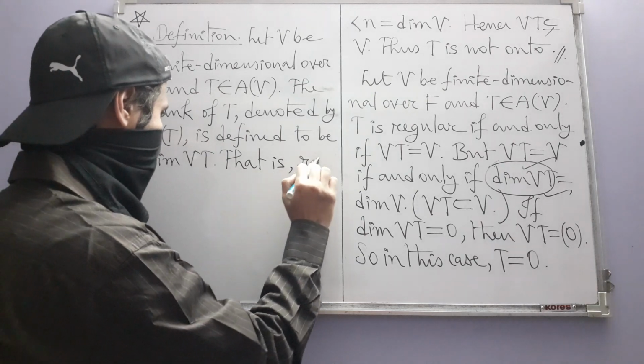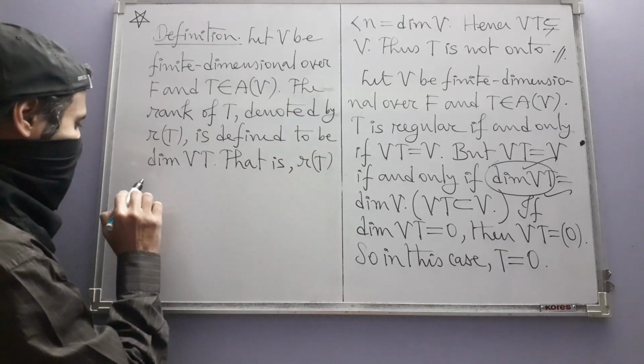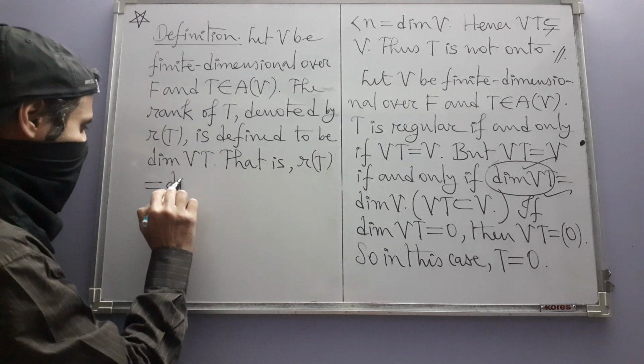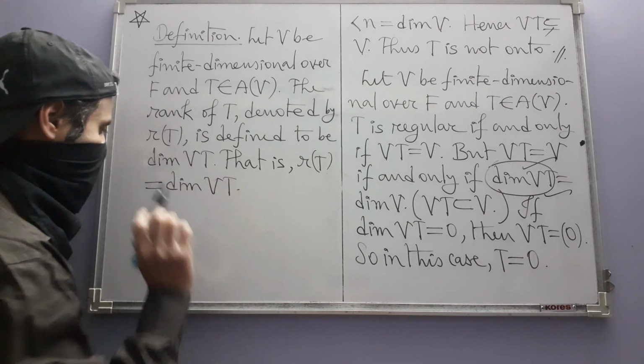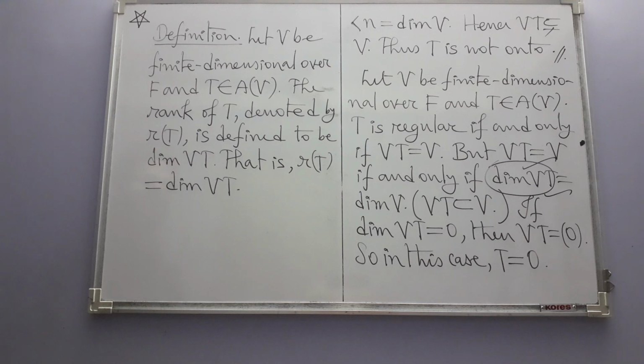That is, R of T is the dimension of the range of T.